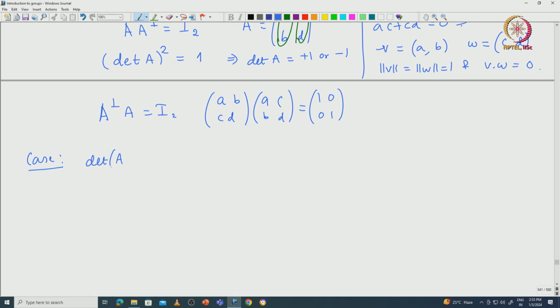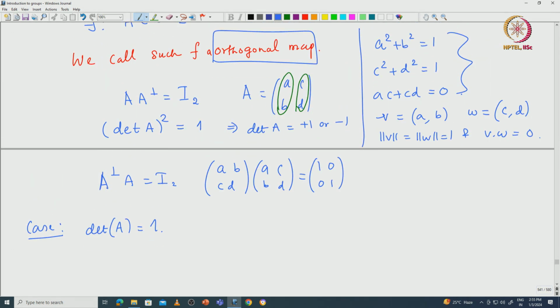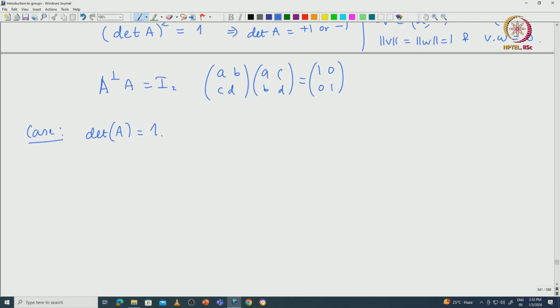If the determinant of A is 1, then you can write A in terms of cosine and sine maps. Because a squared plus b squared is 1, you can just write a equal to cos theta and b equal to sin theta, because this (a, b) is going to lie on a circle, the circle S1.